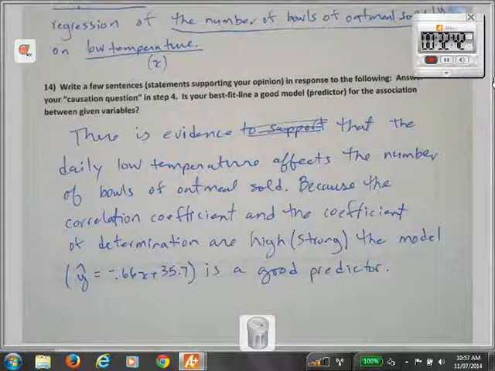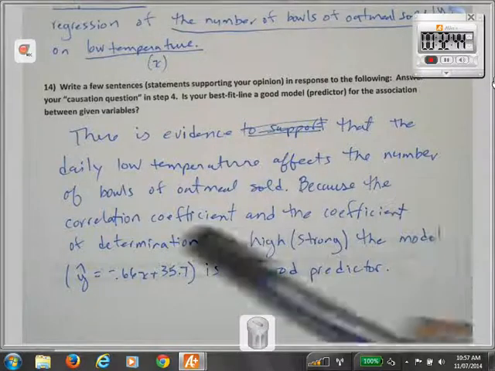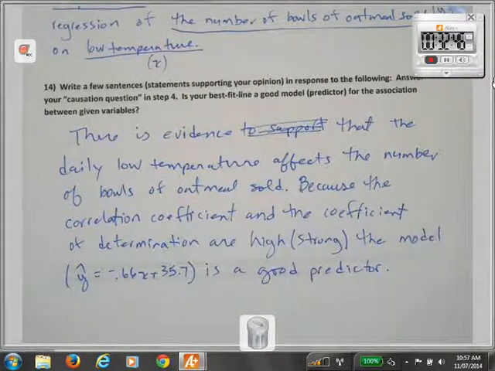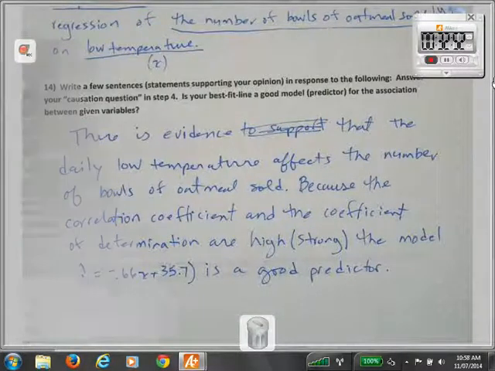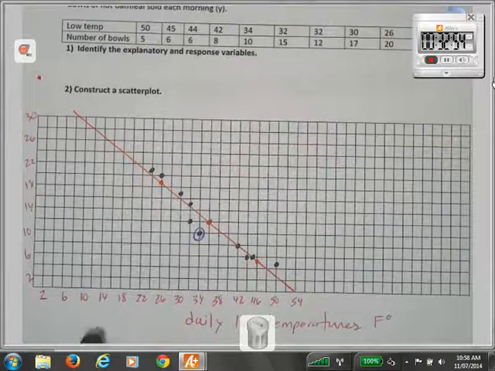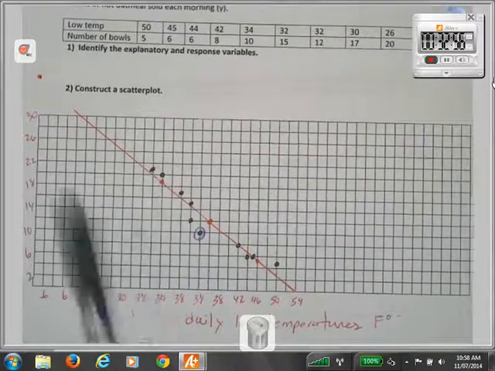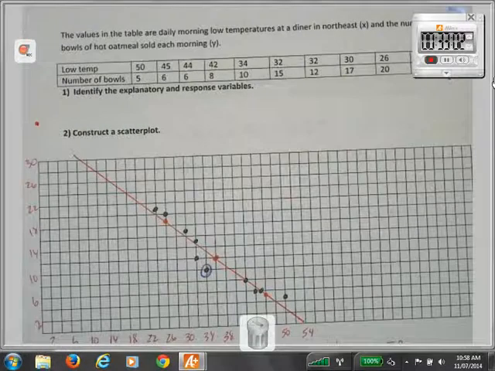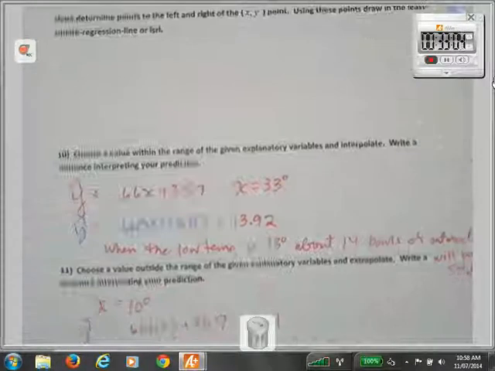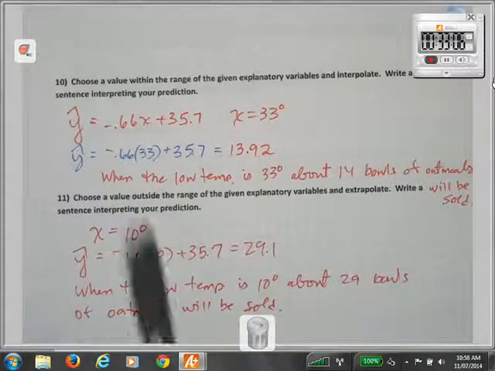So, mention something about R and R squared. Mention something about the model being a good predictor. If it had been a bad predictor, then when we found those numbers, they wouldn't have matched on the equation, on the line very well. Those numbers that we put into this wouldn't have matched up with the line or with the other points.